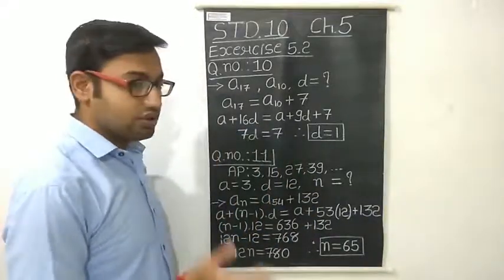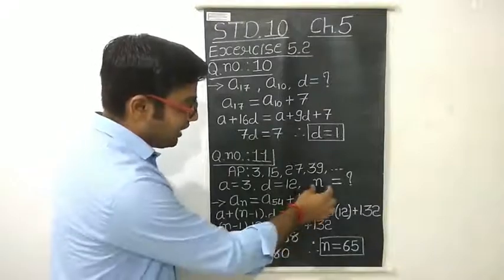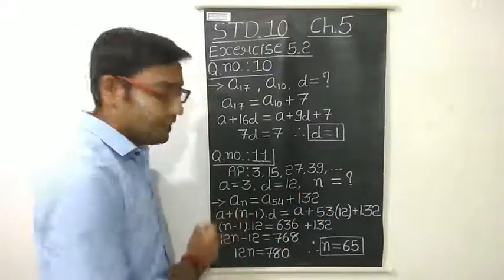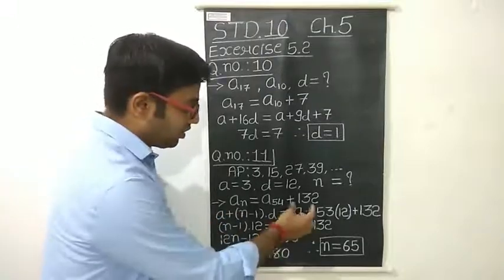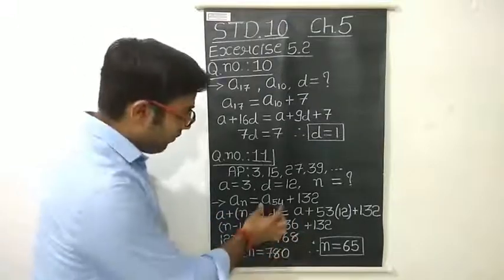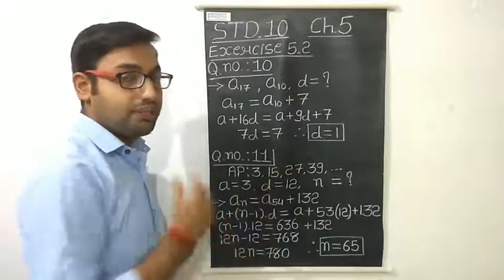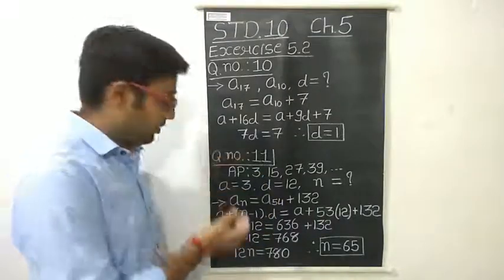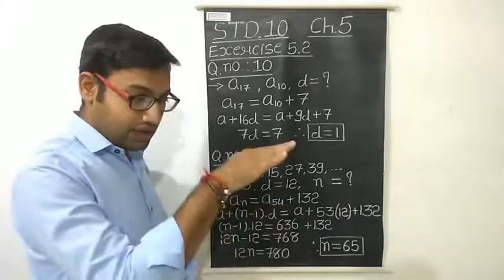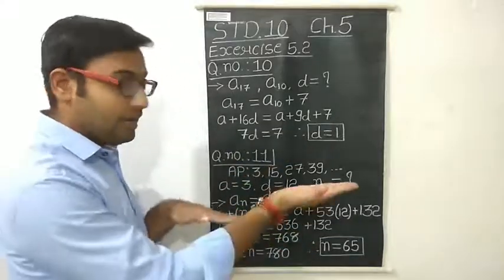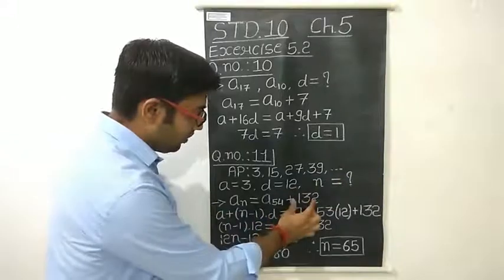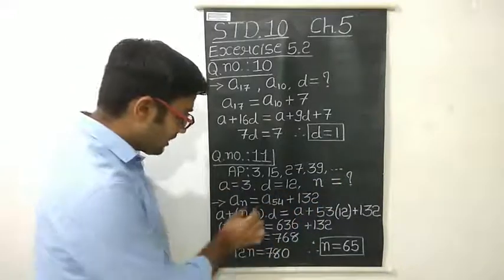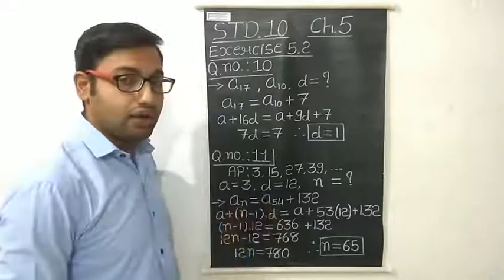Now, according to the situation given in the question, the nth term that we have to find is 132 more than the 54th term of this AP. So the An value is greater and the A54 value is lower. So to make them equal, we have to add 132 to the A54 side. That is why now both sides are equal.